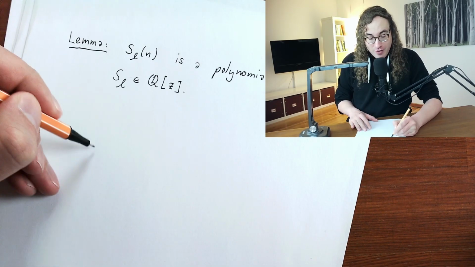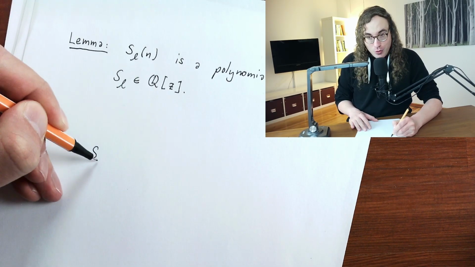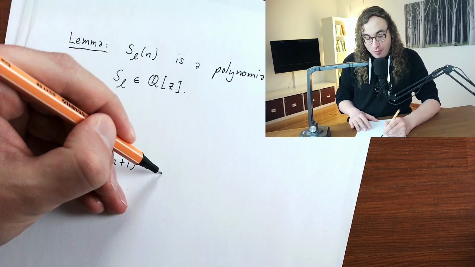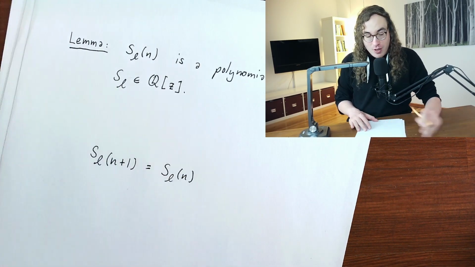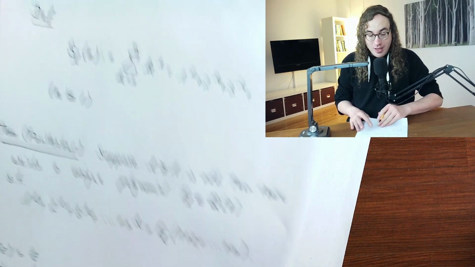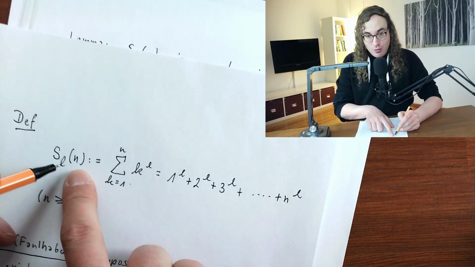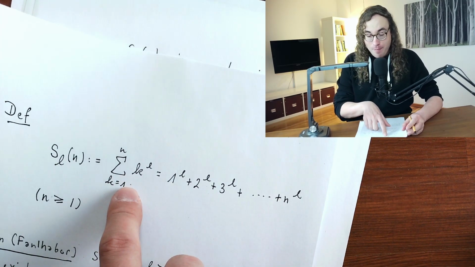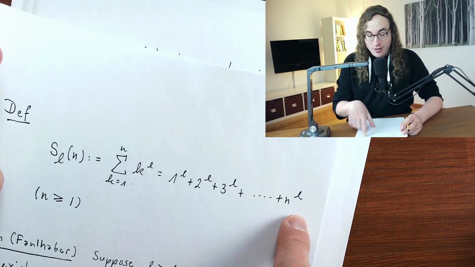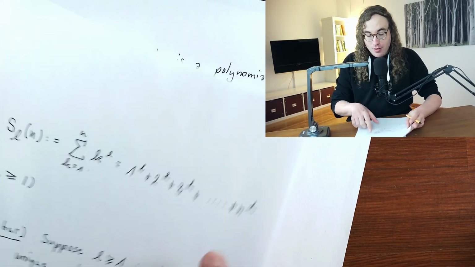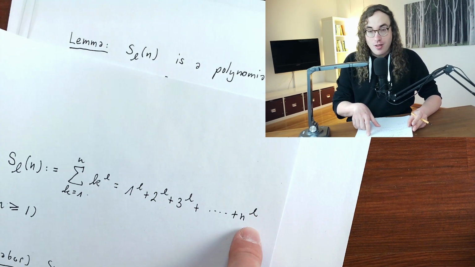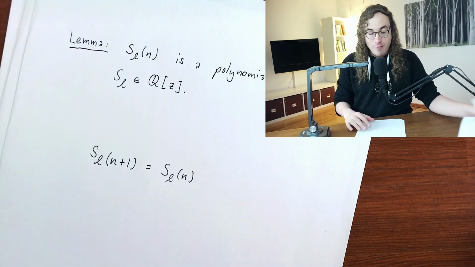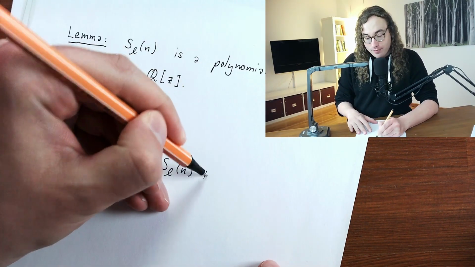An interesting observation is that I can compute what S_L of n plus 1 is very nicely from S_L of n, because all that happens once n increases is that I'm getting one more summand in the sum. So for S_L of n plus 1, all I get is an additional summand, n plus 1 in brackets to the L. So I know this expression.